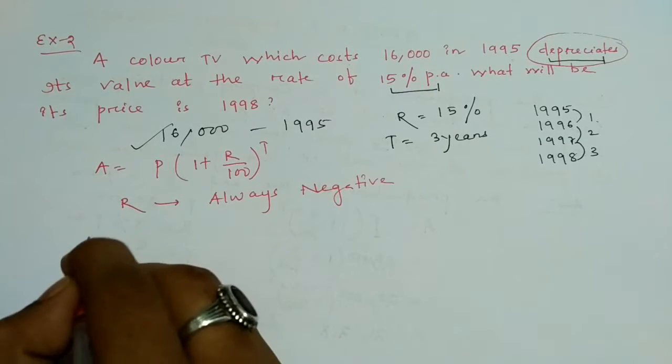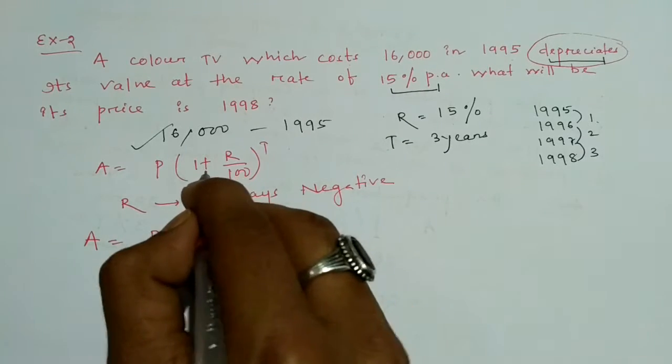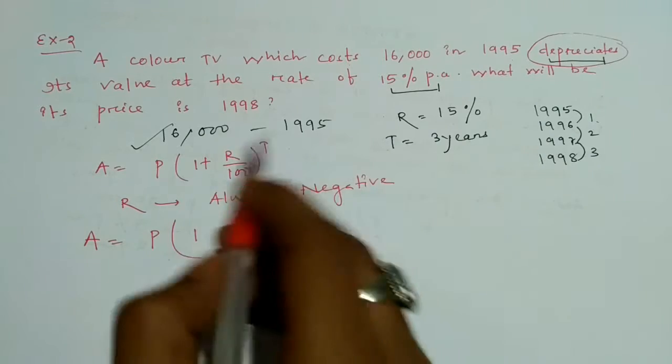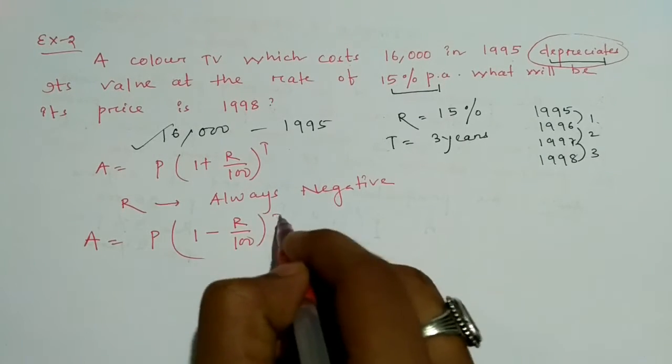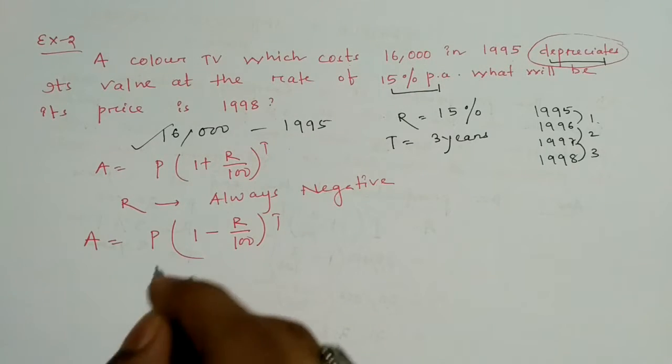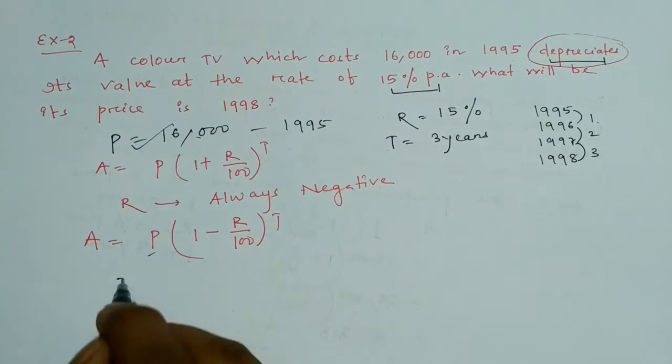So what we have to find is A is equal to P whole 1, this will not be plus because it is decreasing, so it will be minus, R by 100 to the power T. Simply put the formula and get the answer. What is the value of P? P is equal to 16,000.